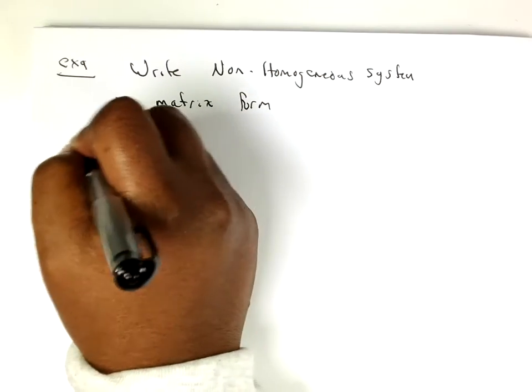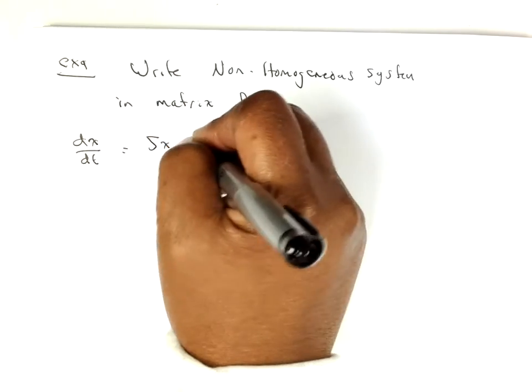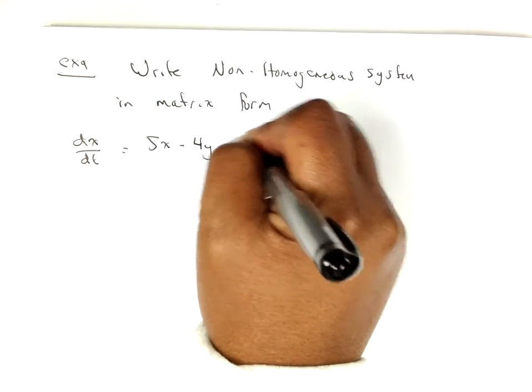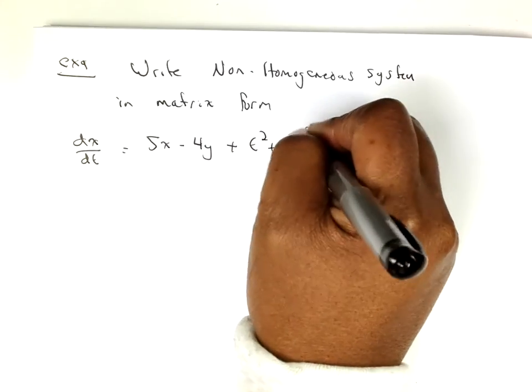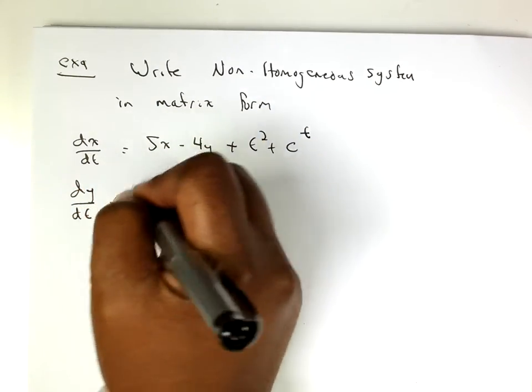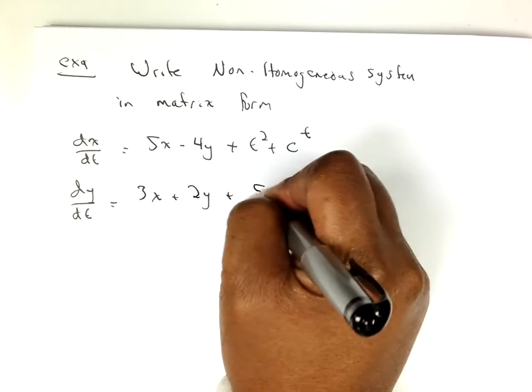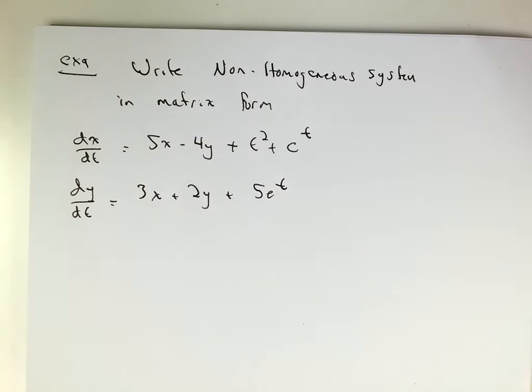I have dx/dt equals 5x minus 4y plus t squared plus e to the t, and dy/dt is equal to 3x plus 2y plus 5e to the t.